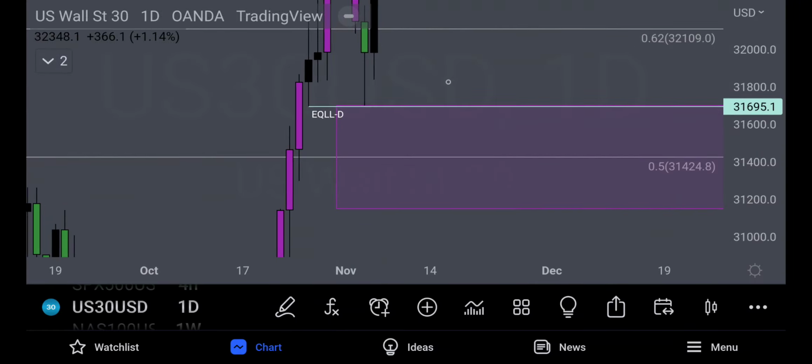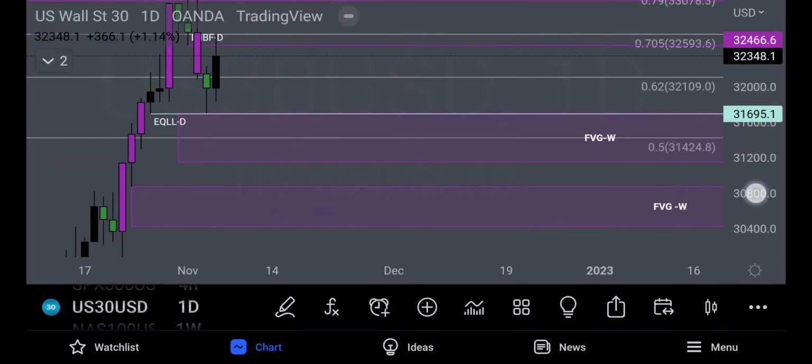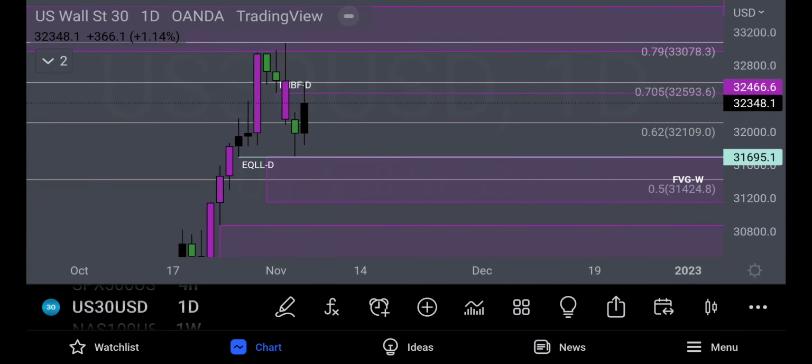And we do have equal lows, or relative equal lows, here on the daily, as well as this weekly FVG that I think will draw price. So right now, again, I believe we are in a sell program on the daily.